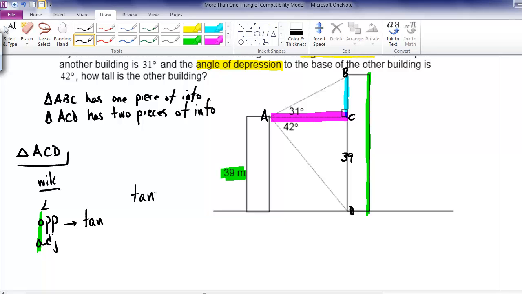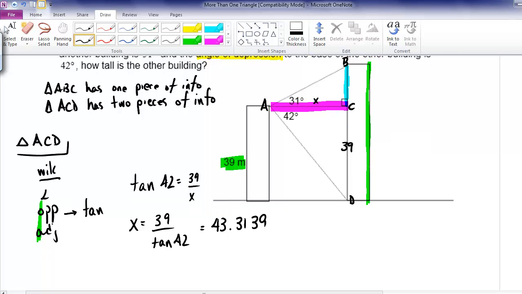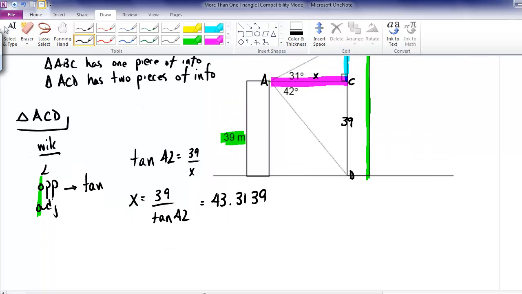The tangent of 42 degrees is equal to the side opposite over the adjacent. Well, I'll just call that X. So here's our X. And in doing that, we solve our equation, and I end up with 43.3139. Intermediate calculations to 4 decimal places.